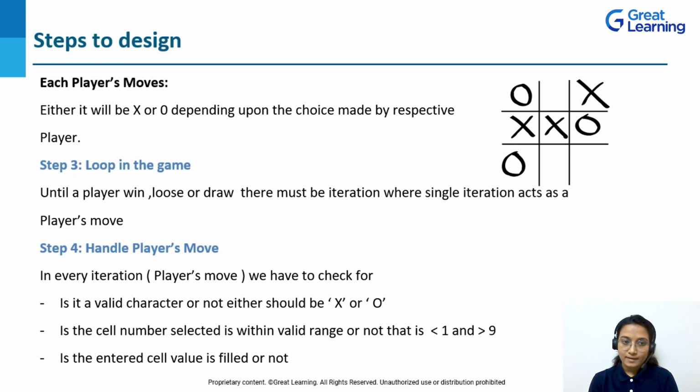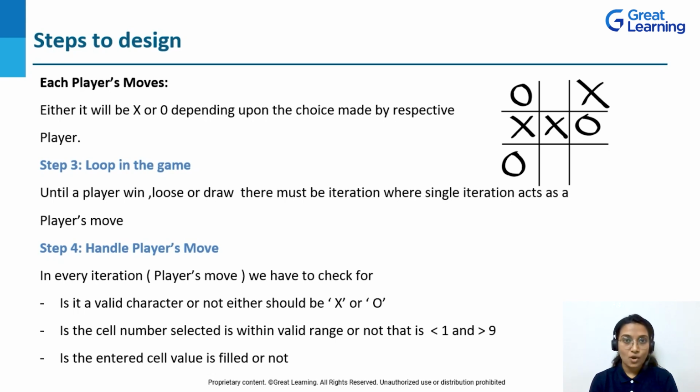In step 4, we have to handle the players' moves, how the iteration goes, right? In every iteration, or every player's move, we have to check whether the character inputted is X or O only. We should not allow any other characters. The next condition is whether the cell number chosen by the player is between 1 and 9.